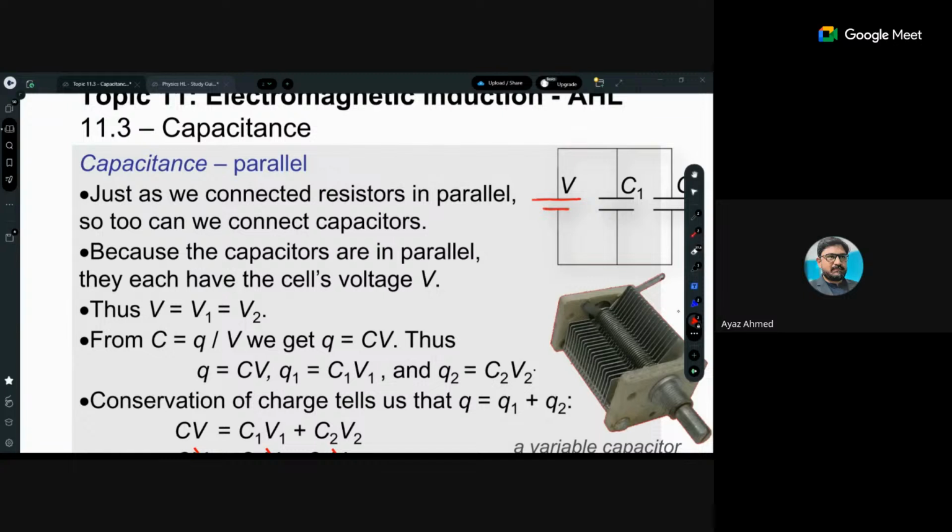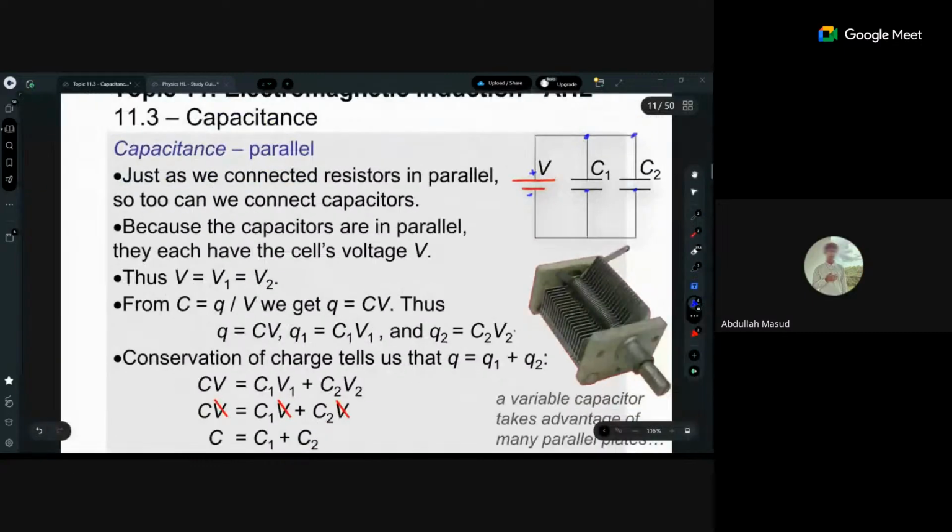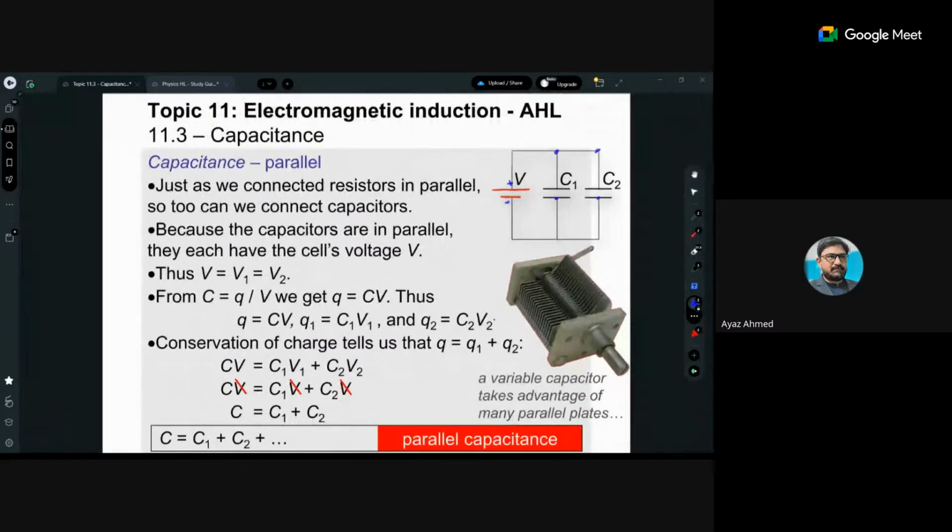When one plate of each capacitor is connected with the positive terminal of the battery, and the other plate of each capacitor is connected with the negative terminal, that is called a parallel combination. Is it clear?